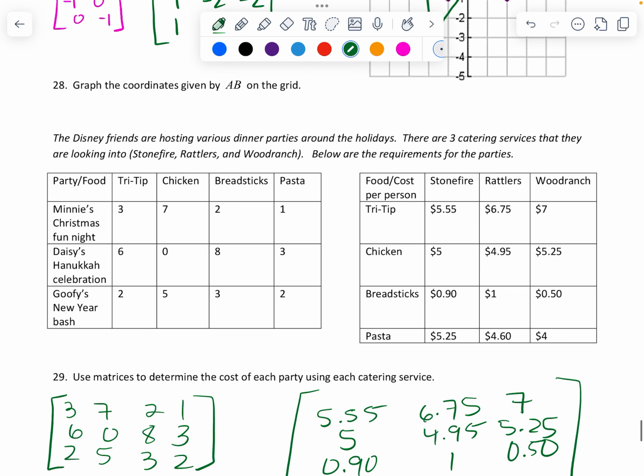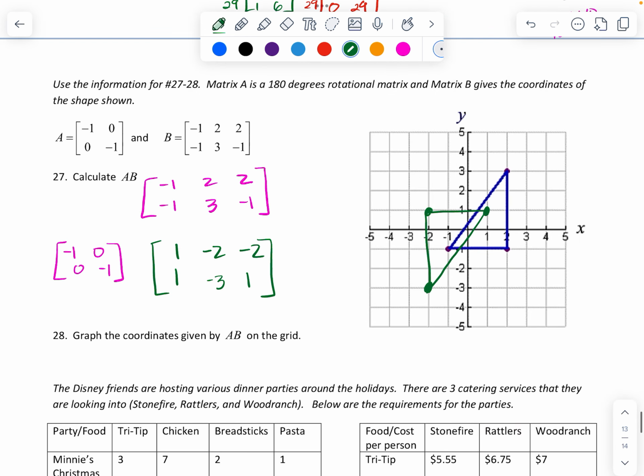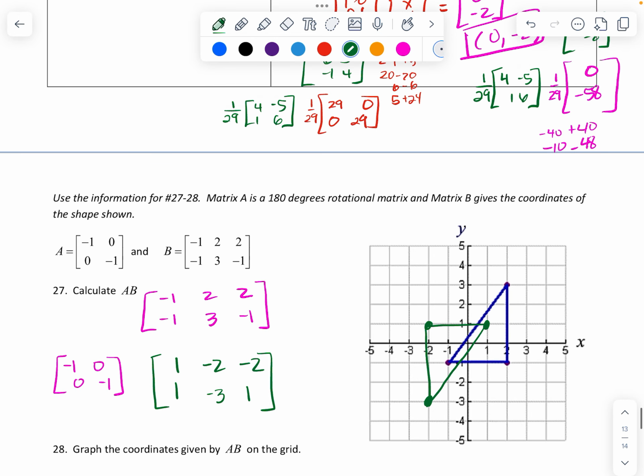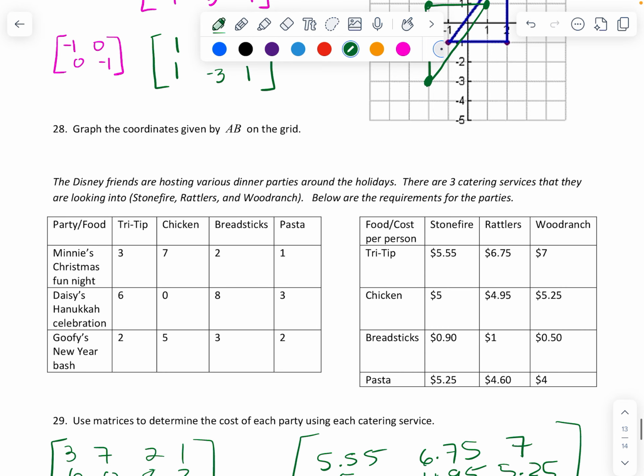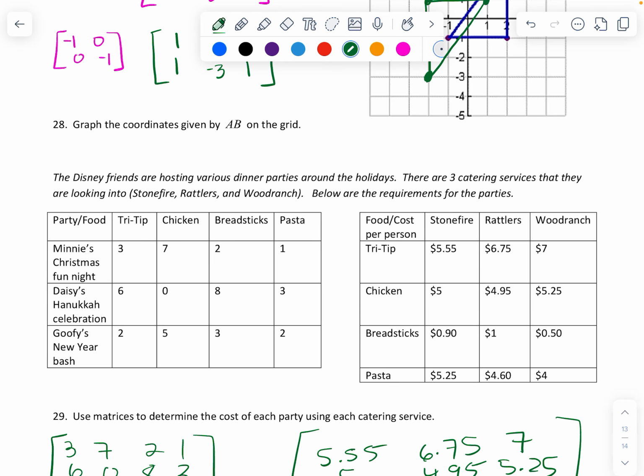Now let's talk about this. So anytime we're multiplying these, don't we do row, column, and these numbers have to be the same. And then I know that my answer is going to come out to a 2 by 3 because of these 2 numbers that are right here. So let's look at this. Right here, we have the type of celebration by food.